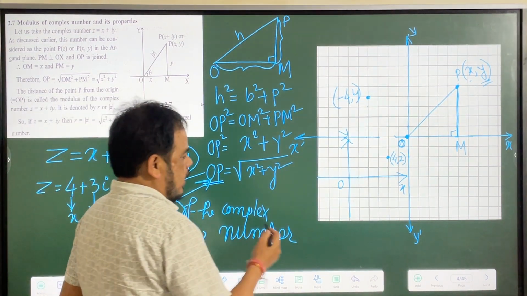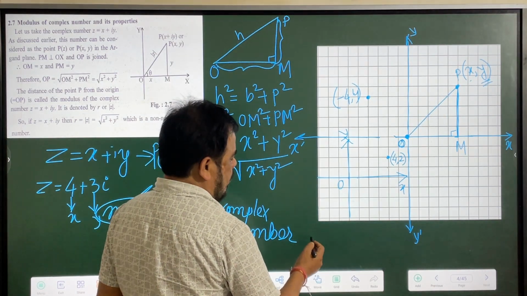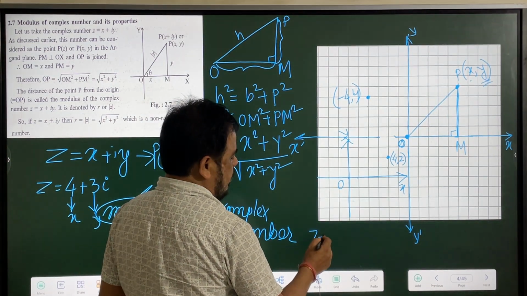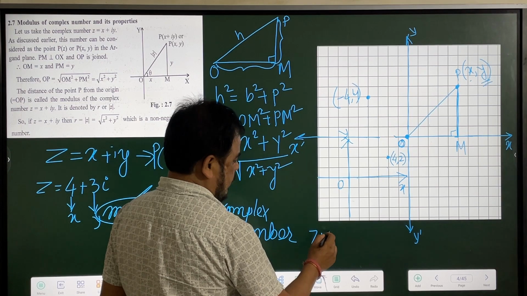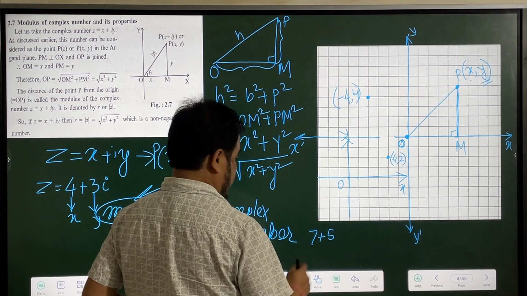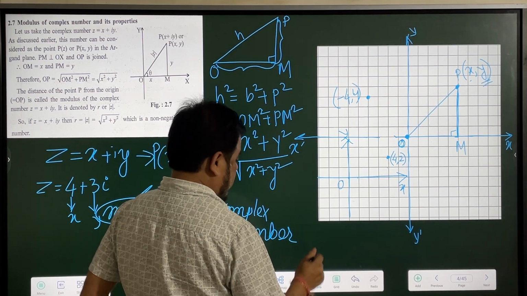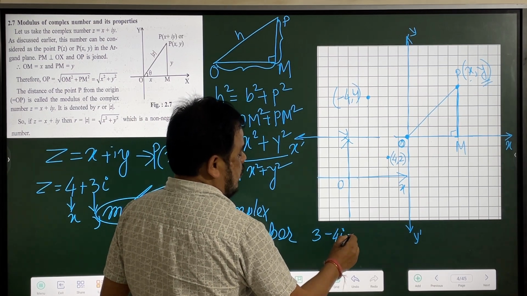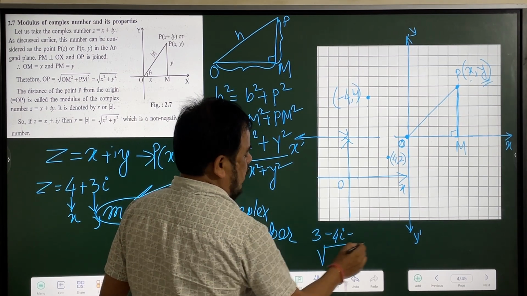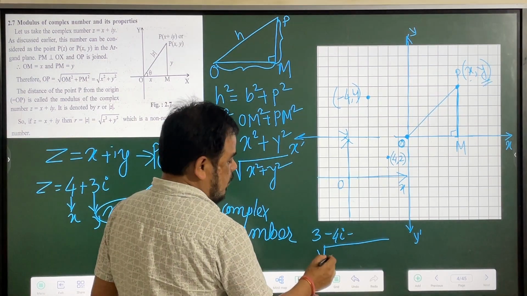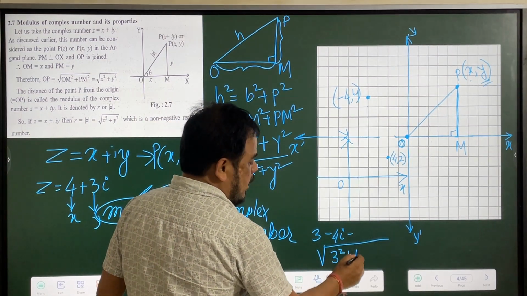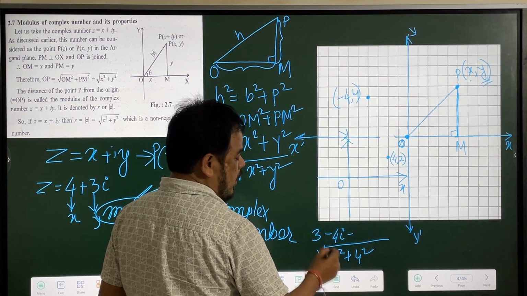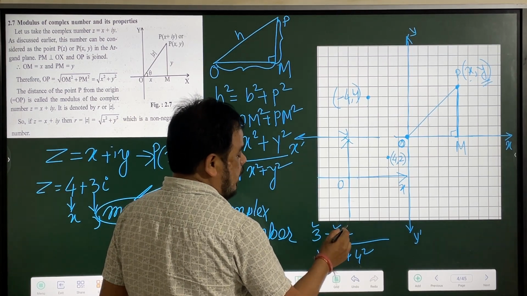So if a complex number is given, 7 plus 5i, or let me write 3 minus 4i, then you will understand. For the modulus, directly go for the square root of x square plus y square. This is x, this is y.